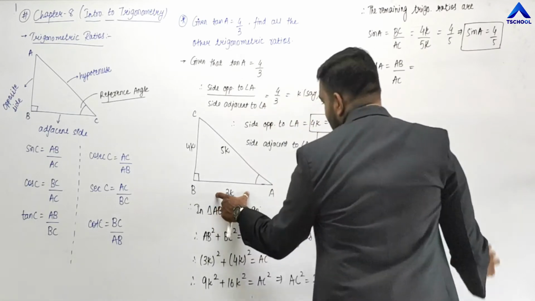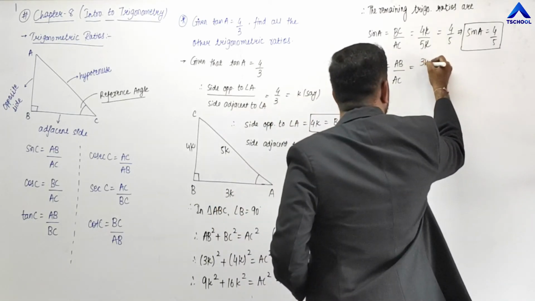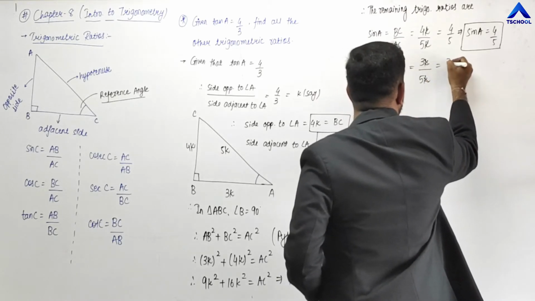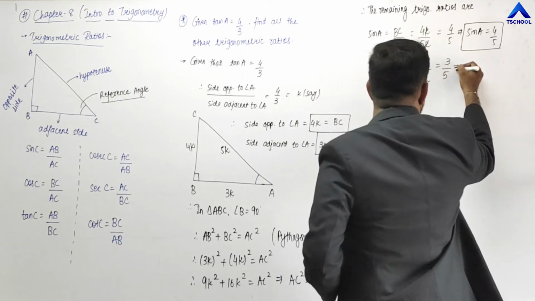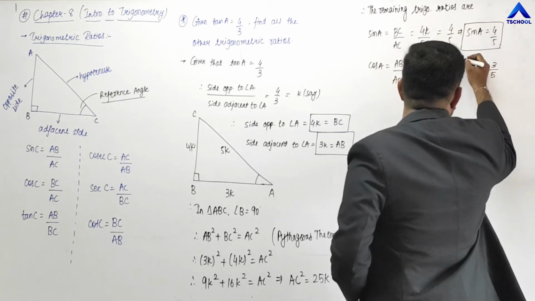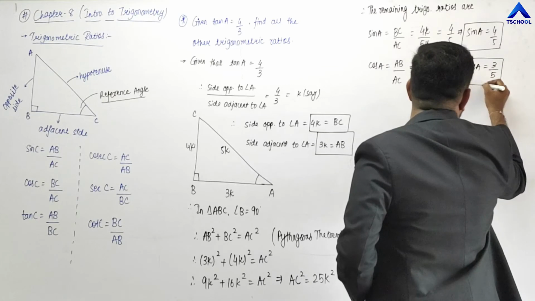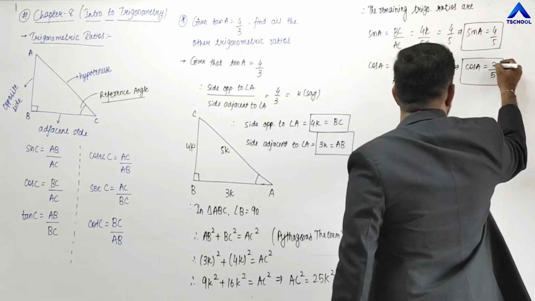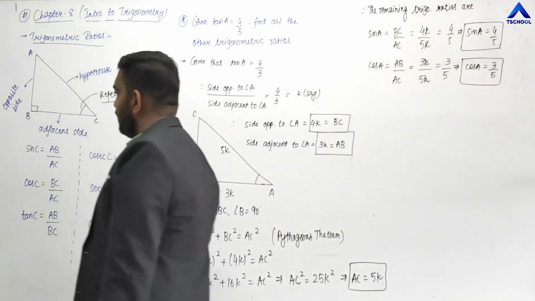What is AB here? 3K divided by AC, 5K. So K and K can be cancelled, which is equal to 3 by 5. Hence cos A is equal to 3 upon 5. We got the second ratio, friends, that is cos A equal to 3 upon 5.